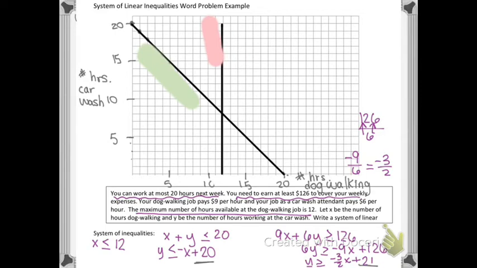Okay, and then the next one has a y-intercept of 21 and the slope is -3 halves. When I do a slope of -3 halves, I'm going to be going down 3 and then 2 to the right because it's rise over run. So when you do your slope, you should always be going to the right.